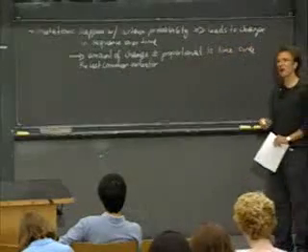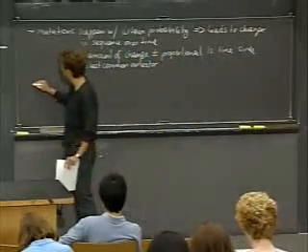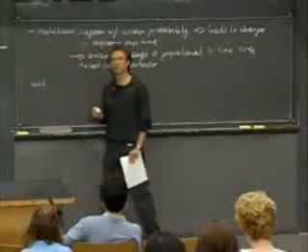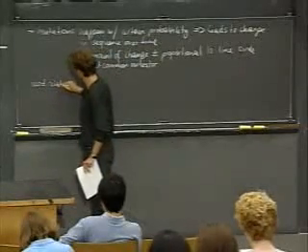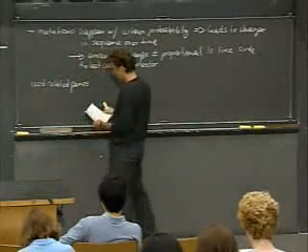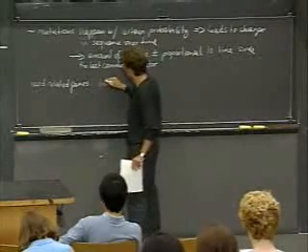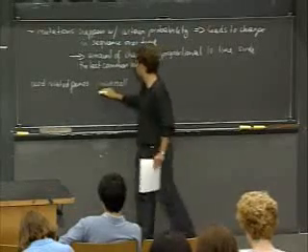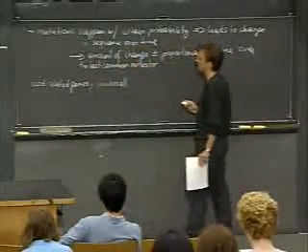So let me explain how this is actually done. What you really need in order to do this is you need genes that are related to each other, okay? So, need related genes.